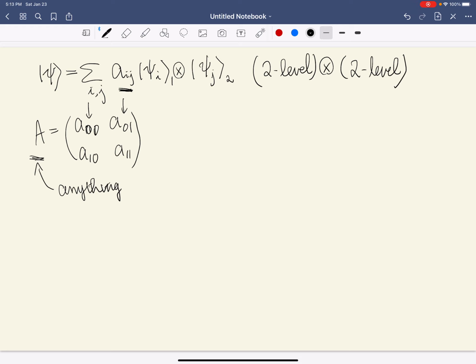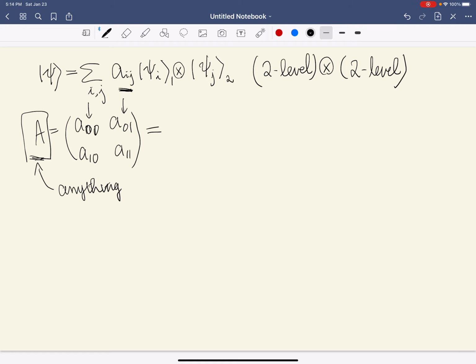So the technique of singular value decomposition is what allows us to decompose even this arbitrary matrix into some sort of organized form.